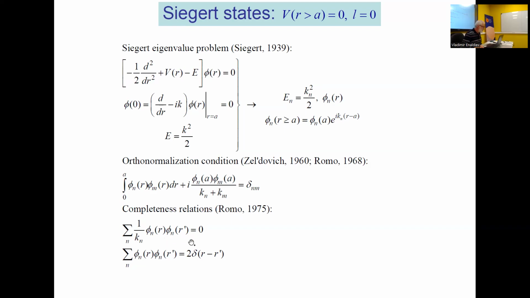A linear combination of states is 0, which is impossible if the set would be simply complete. So this result was obtained in 1975, and these 2 together established unusual, but anyway, orthonormalization and completeness properties of this set.